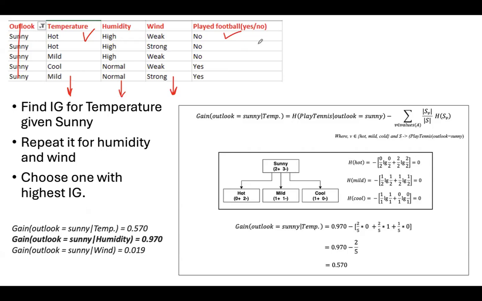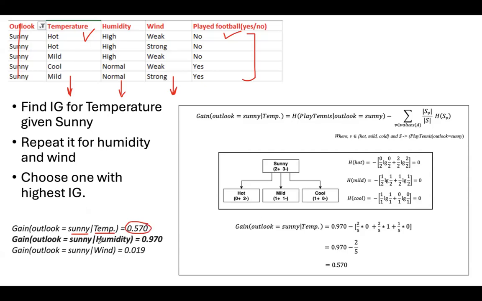So for that, you will again start with the final column, find out the overall system entropy, then the entropy given temperature, entropy given humidity, entropy given wind. Exactly the same process which is shown here. You repeat the same process, find out the information gain for each of the variables. And the answer, let's say, comes out to be, in this particular scenario, if I ask about temperature after asking about sunny, the reduction is 0.5.